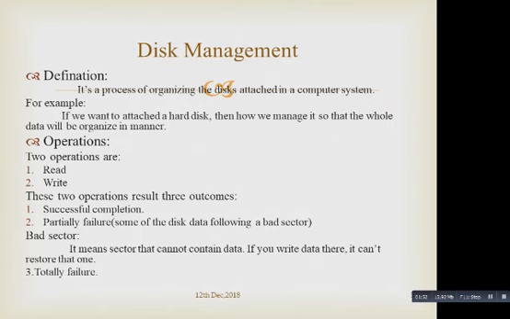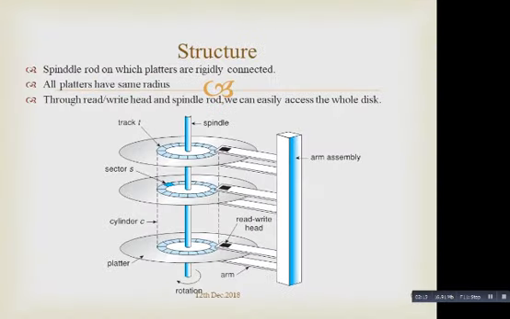The second one is partial failure, in which some of the disk data has a bad sector. A bad sector is a portion of the track, or a sector area, that contains no data, or once we write data we can't restore it. And the third one is total failure, in which we can neither perform a read operation nor a write operation.